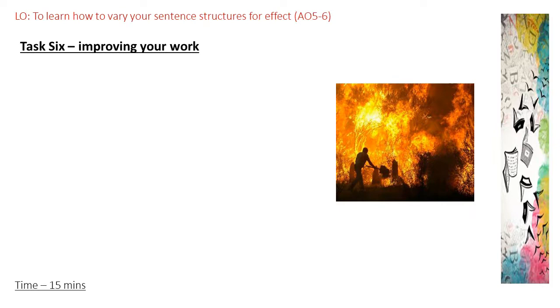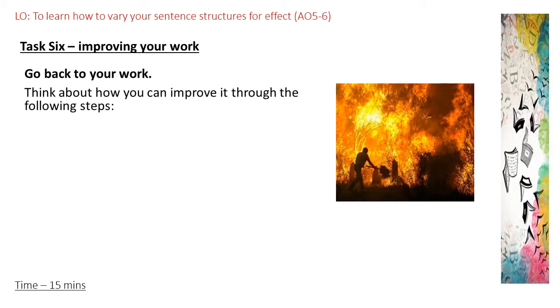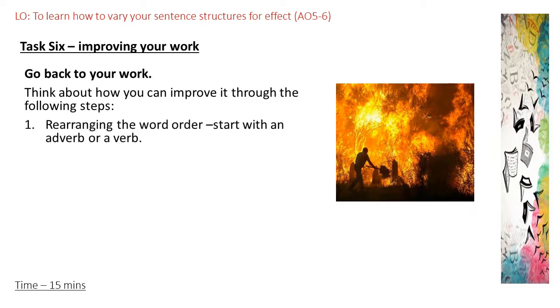Okay, so this is a final task. It's improving your work. Go back to the paragraph you wrote at the beginning of the lesson describing the fire. Think about how you can improve it using the following steps. 1. Rearranging the word order. Start with an adverb or a verb. 2. Adding more detail.